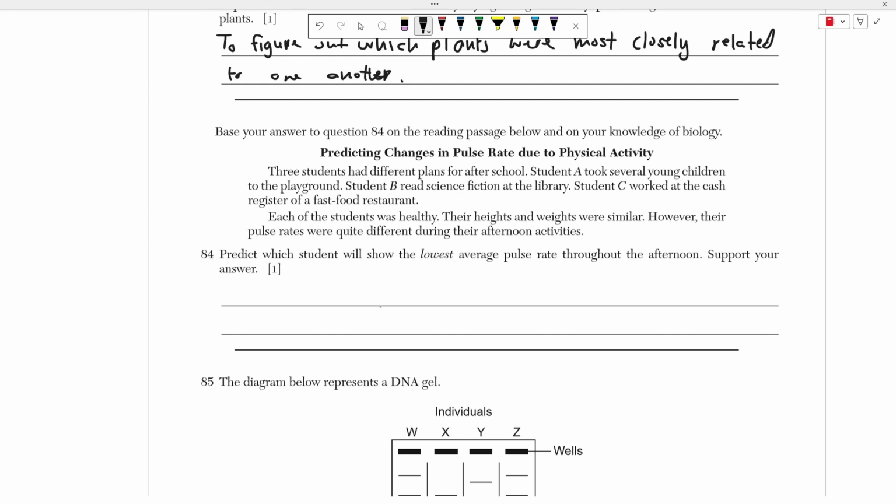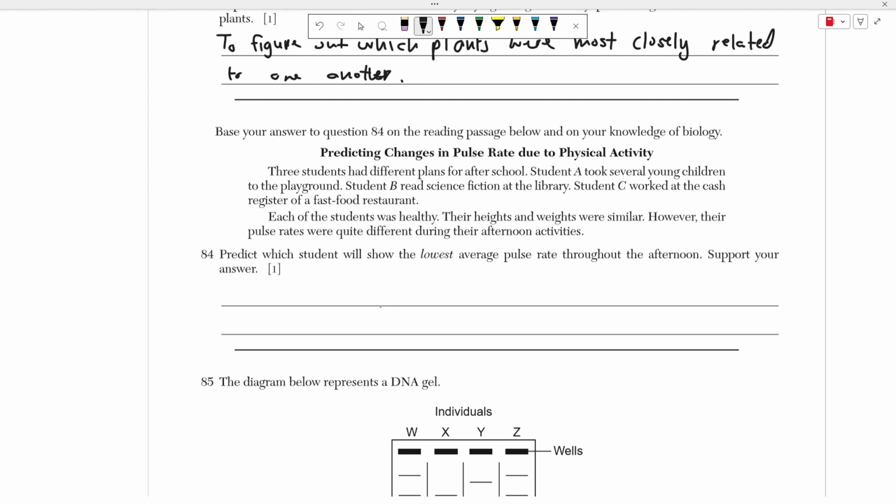In this case, pulse rate is going to be closely related to physical activities. If you run around or do jumping jacks or push-ups, or you become extremely active, you're going to have a high pulse because your body wants to supply the rest of the body with more oxygen, and you're getting your blood pumping, right? The more active you are, the higher your pulse.